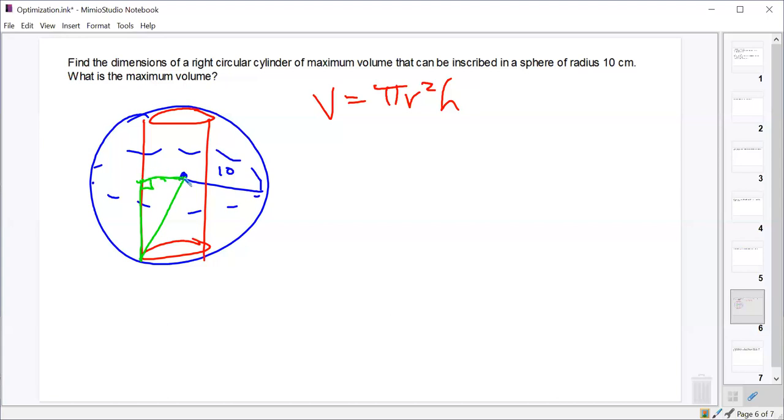What is this length right here? It's the radius of that cylinder, right? We'll call that r. That's our little r there. What is this value right here? 10. That is the radius of the sphere. What is this value over here?